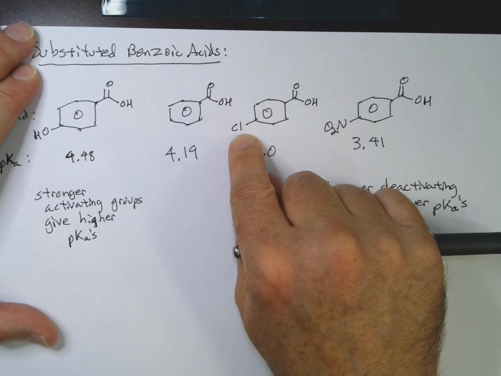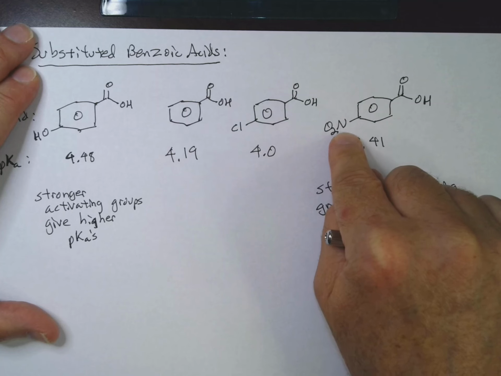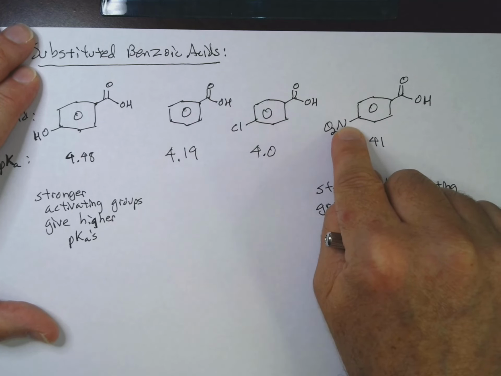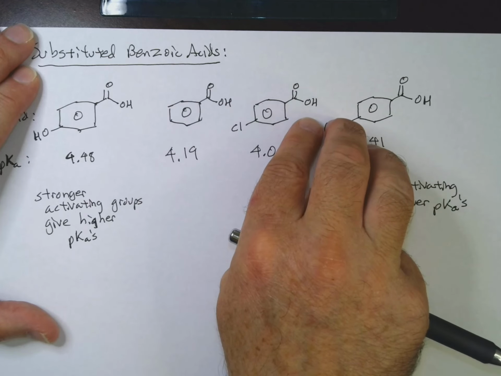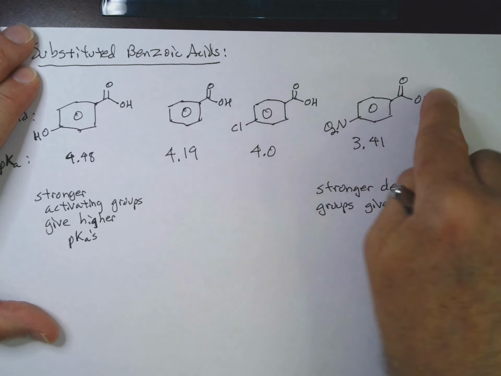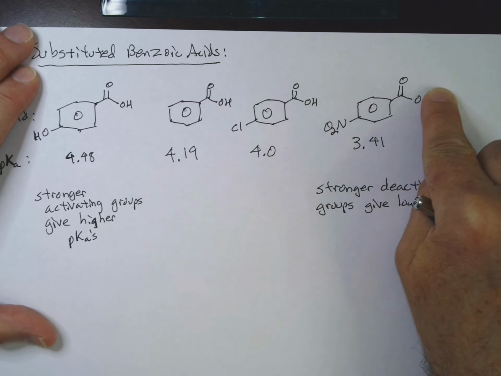But if I have something that's electron withdrawing, like a halogen, or especially something like NO2, where remember we have that positive charge on nitrogen, that's really going to help pull electron density away from my carboxylate anion here and help stabilize that.